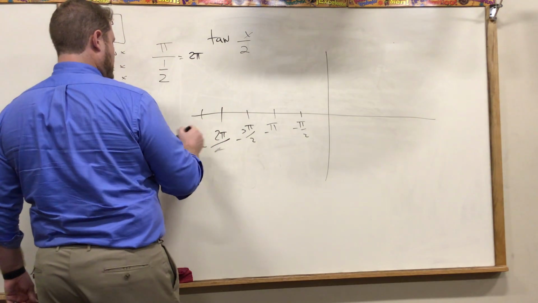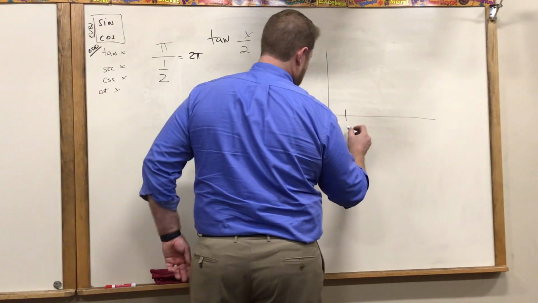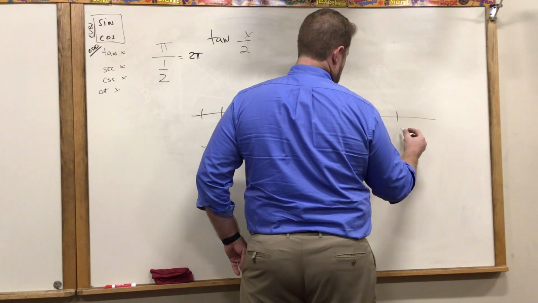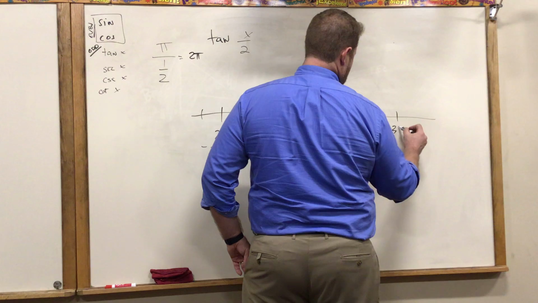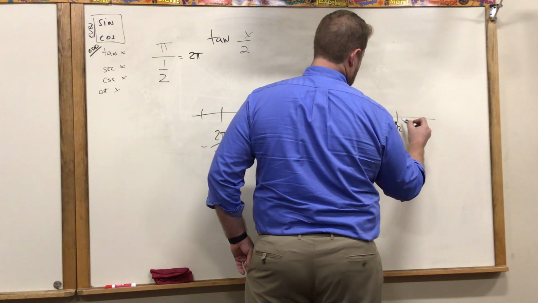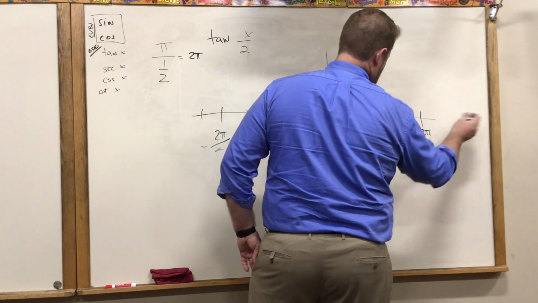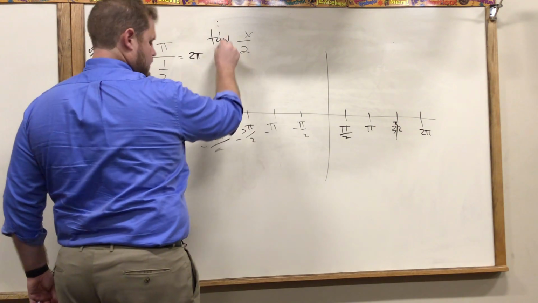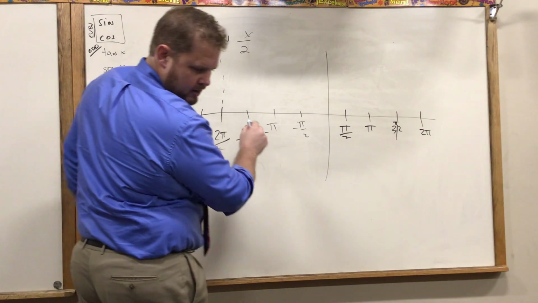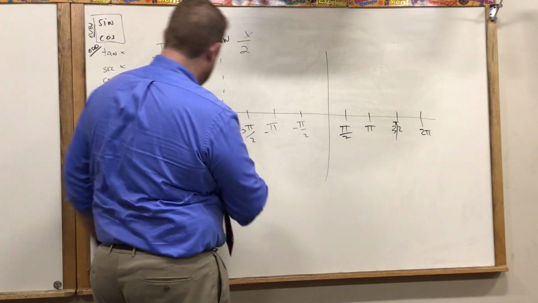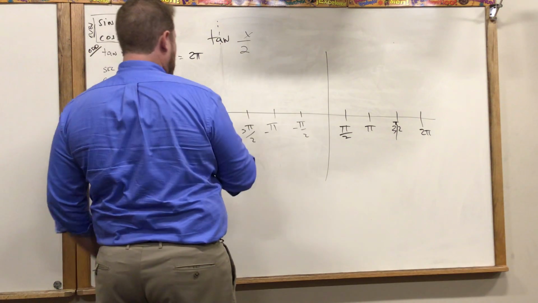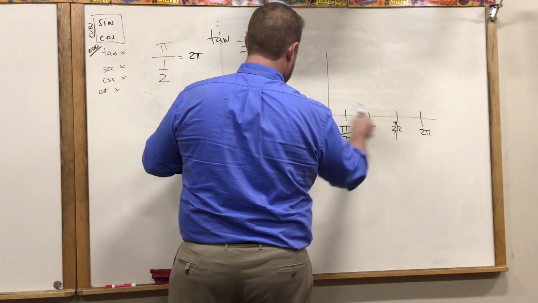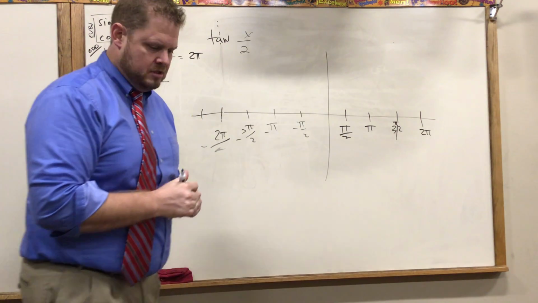It would just keep going in that direction, and this would be pi over 2, pi, 3 pi over 2, and 2 pi, and it could keep going up. So it could be from 2 pi to pi, because your period is over that whole expanse.